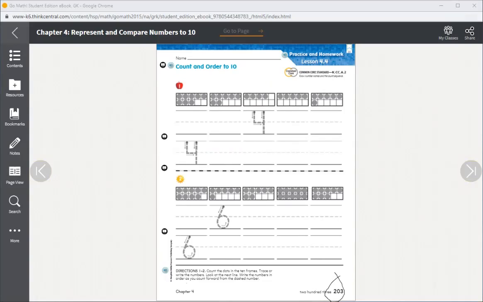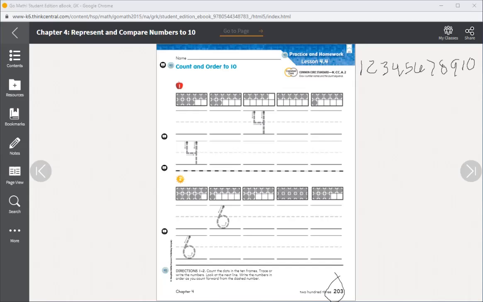Once you do that, you're going to look for the smallest number and begin with that number so that way you can put it in order, okay? You're more than welcome to put the number line on the top. So start with 1, 2, 3, 4, 5, 6, 7, 8, 9, 10.